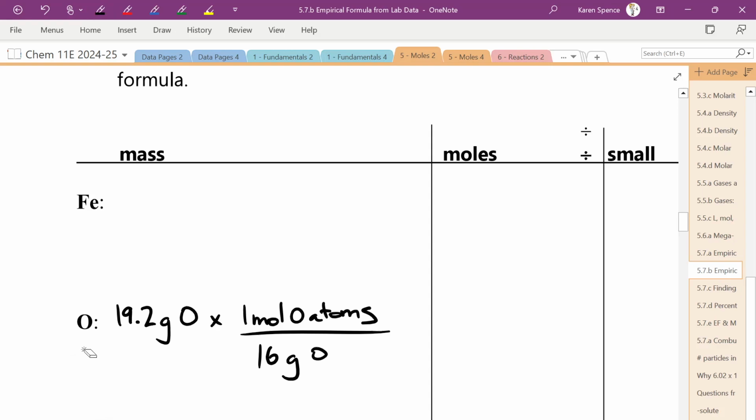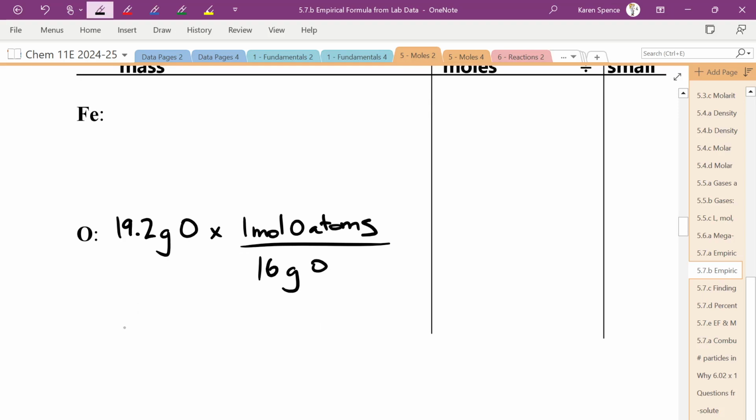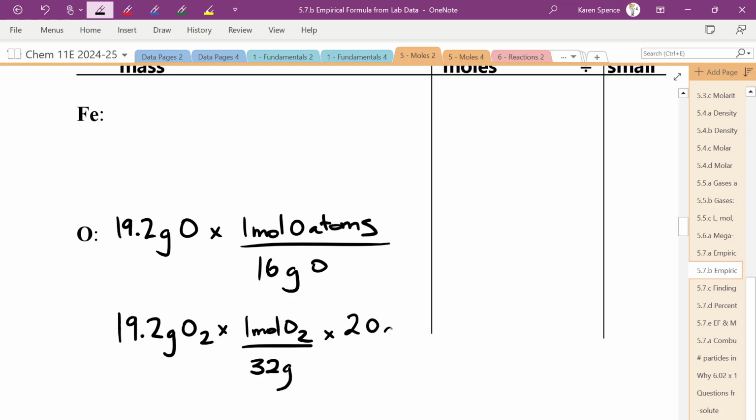You will get the same answer if you assume you have 19.2 grams of O2 times 1 mole of O2 per 32 grams. But then in order to find the O atoms, you would have to multiply by 2 O atoms for every 1 O2. Yes?